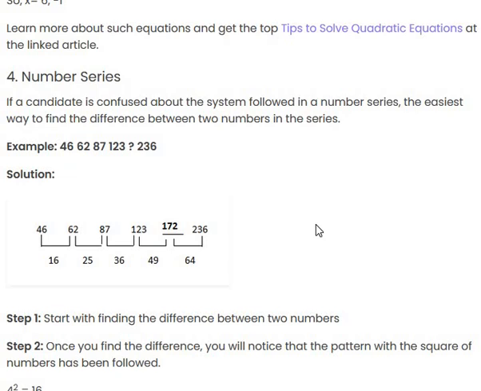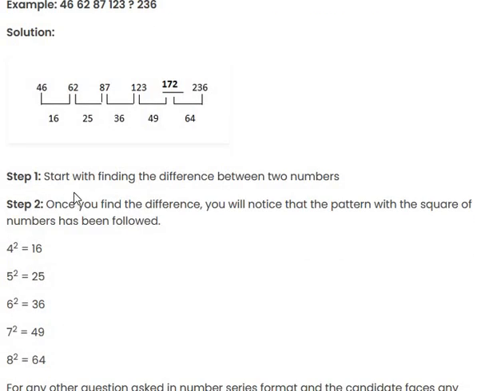Solution: 46 to 62 the difference is 16, 62 to 87 the difference is 25, 87 to 123 the difference is 36, and 123 to 172 the difference is 49.